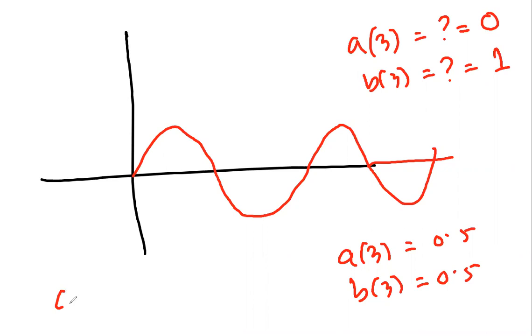You can find theta equals tan inverse B by A, where B is equal to 0.5 and A is again equal to 0.5. So that means it is equal to tan inverse 1, and that gives 45 degrees. That means the cos signal is shifted by 45 degrees positive.